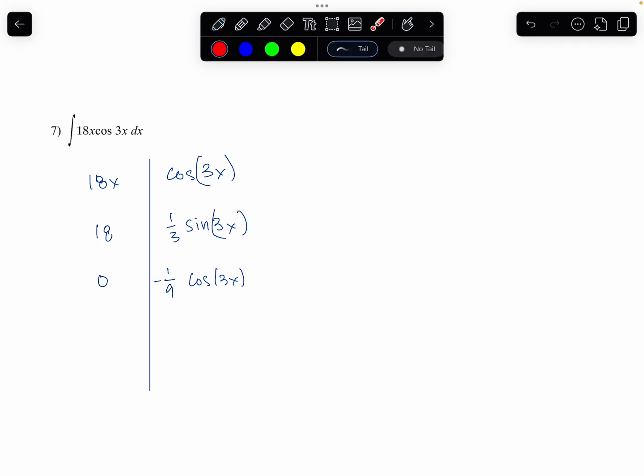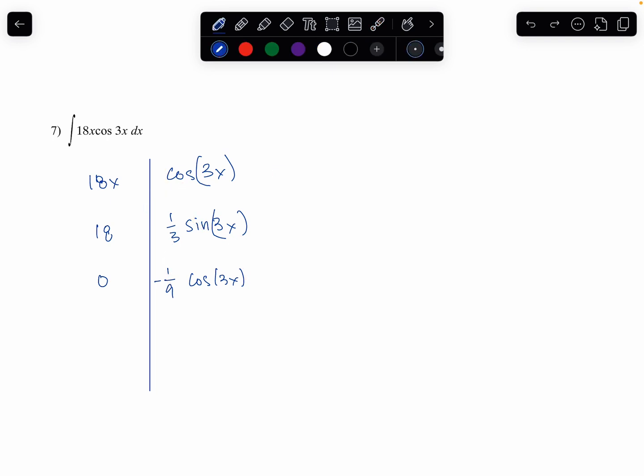I think that's right, because the derivative of negative cosine will be positive sine divided by 3, because if I times by 3 for the derivative, that will reduce to 1/9, and the derivative of sine is cosine times by 3 for that 1/3, and that will get rid of that. So, okay, it checks out.